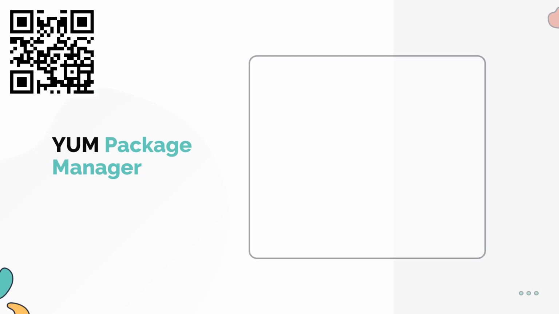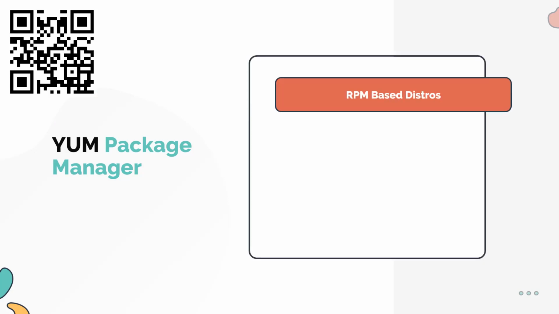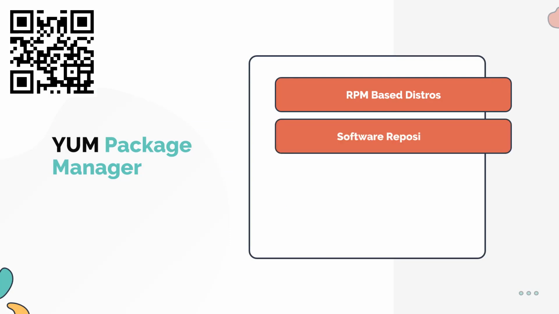Let us now move on to the YUM Package Manager. YUM stands for Yellow Dog Updater Modified, and it is a free and open-source package manager that works on RPM-based Linux systems. YUM works with software repositories, which are essentially a collection of packages, and provides package and dependency management on RPM-based distros.